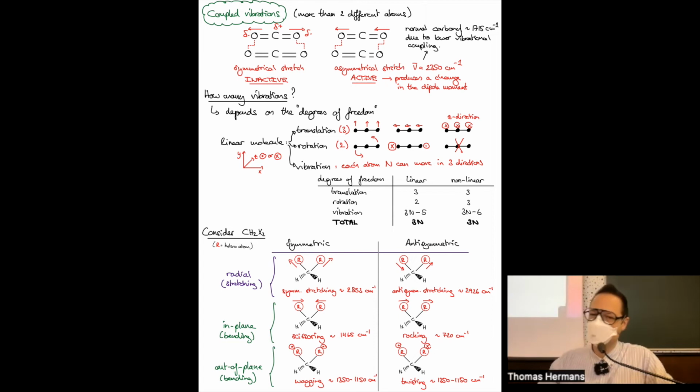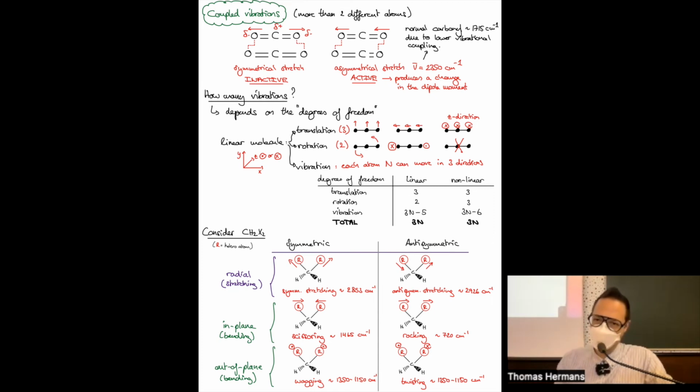So if I have a point, I can move it up or down, along this, let's say, y-axis. I can move it left and right, which would be x-axis, or I can move it in the plane or out of the plane, which would be the z-axis. So x, y, and then z would be in the plane of the board.